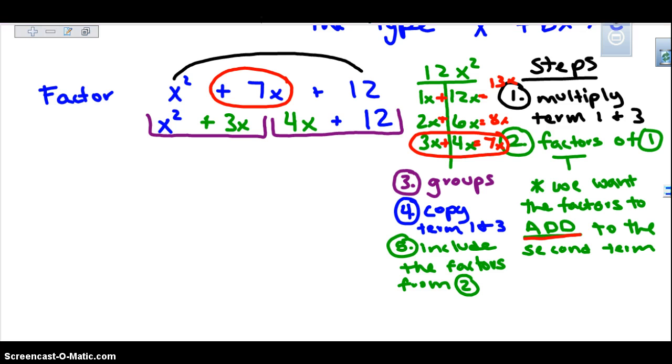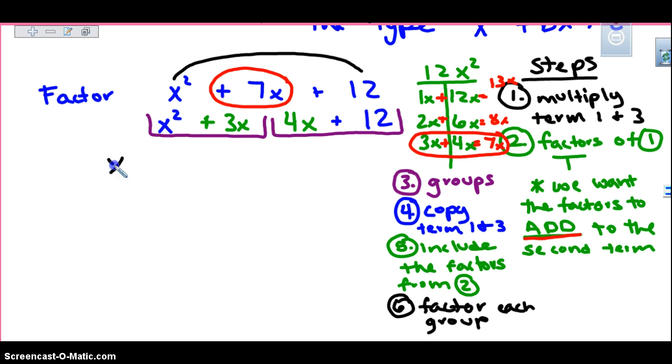Step number 6. We're going to factor each group. What do I mean by factor each group? What can x squared and 3x both be divided by?